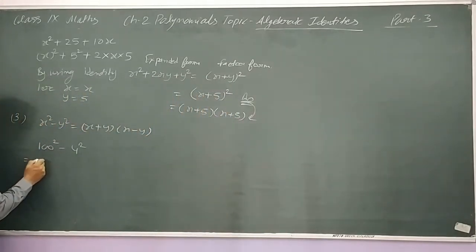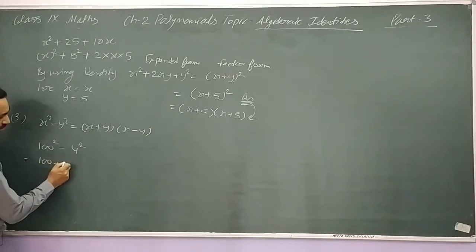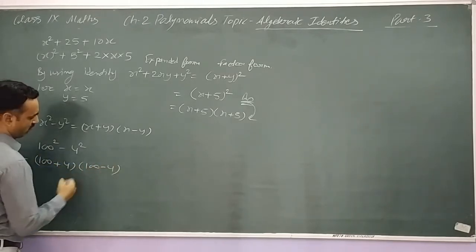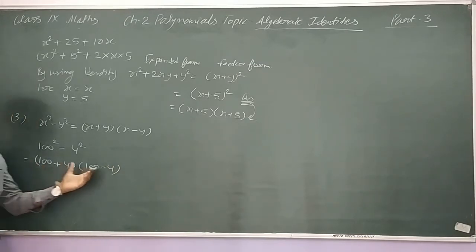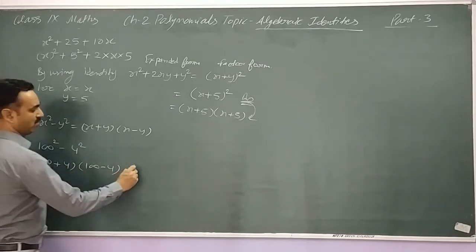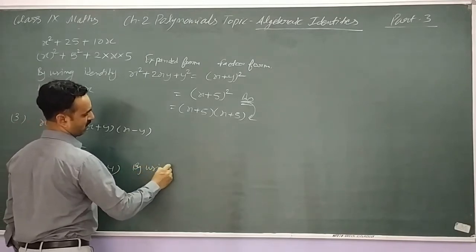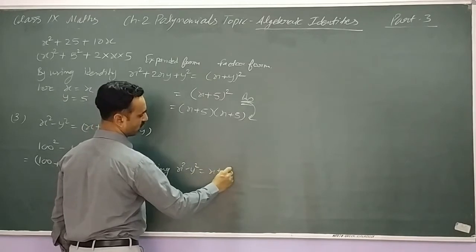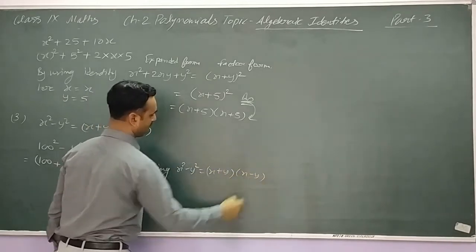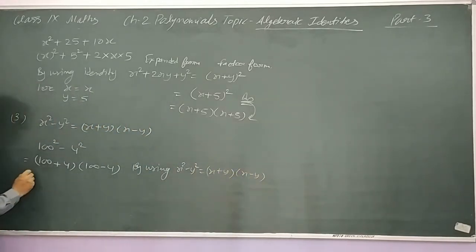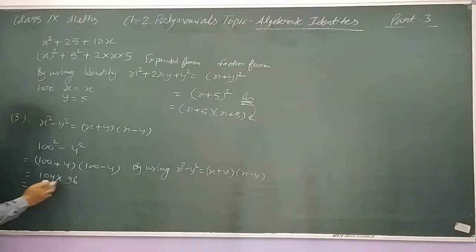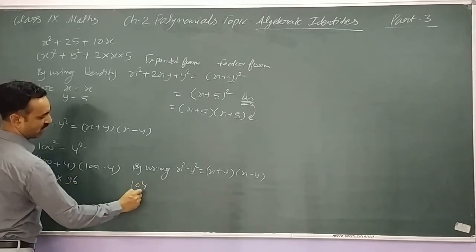So we write 100 plus 4 and 100 minus 4, by using the identity x square minus y square equals (x plus y)(x minus y). So 100 plus 4 is 104, 100 minus 4 is 96. So this will be 104 multiply 96.